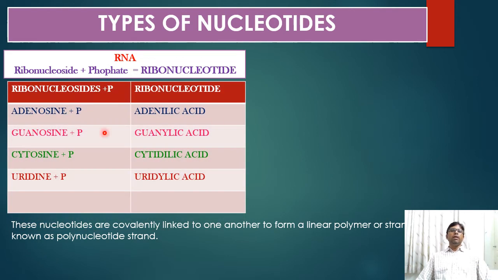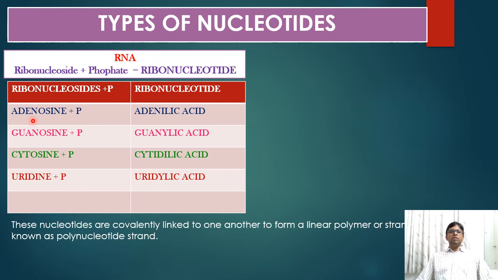When adenosine, a ribonucleoside, binds with a phosphate group, it forms a nucleotide that is adenylic acid. When phosphate is attached to the nucleoside, it imparts acidic property. Hence here we add acid.